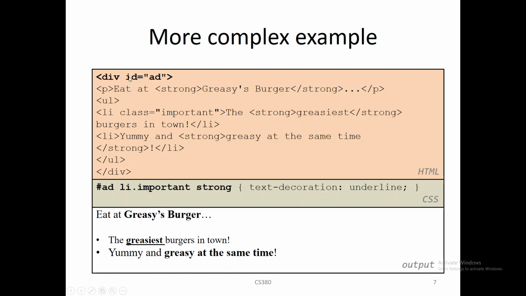We have an element with the ID ad. It must have an li with the class name important, and we have such an element here. And this must also contain a strong element, so we got a strong here. So this particular text will take up this property value, and I can see that this is in fact underlined in my output.